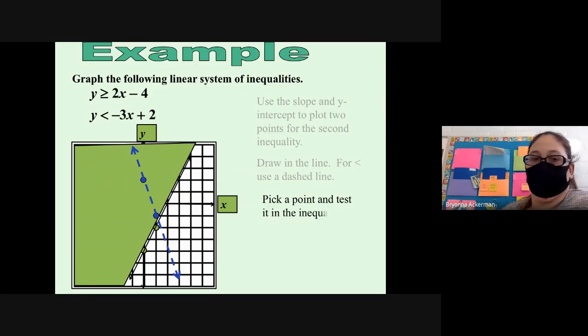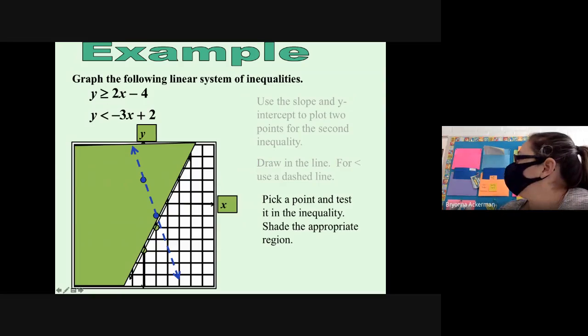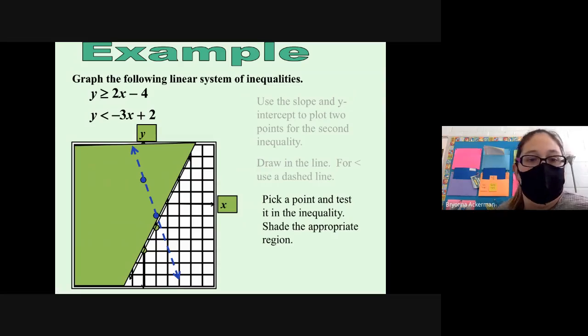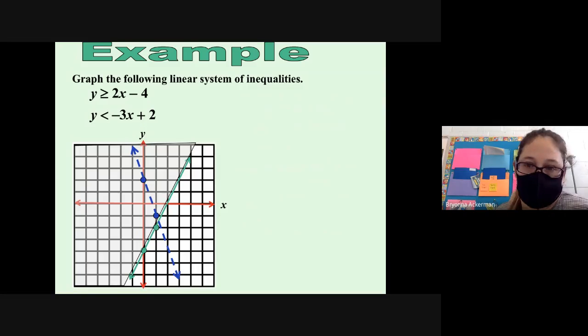Now, the question is, do we shade to the right, up here, or down here? What do you guys think? So it's y is less than that line. So you think it's going to be down here? So let's test it, just in case. I'm actually going to pick a different point. I'm going to pick -2, -2.